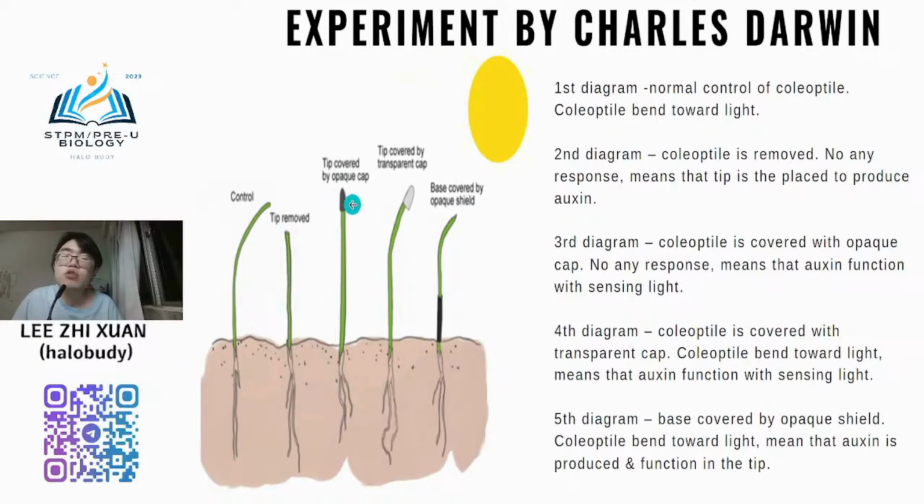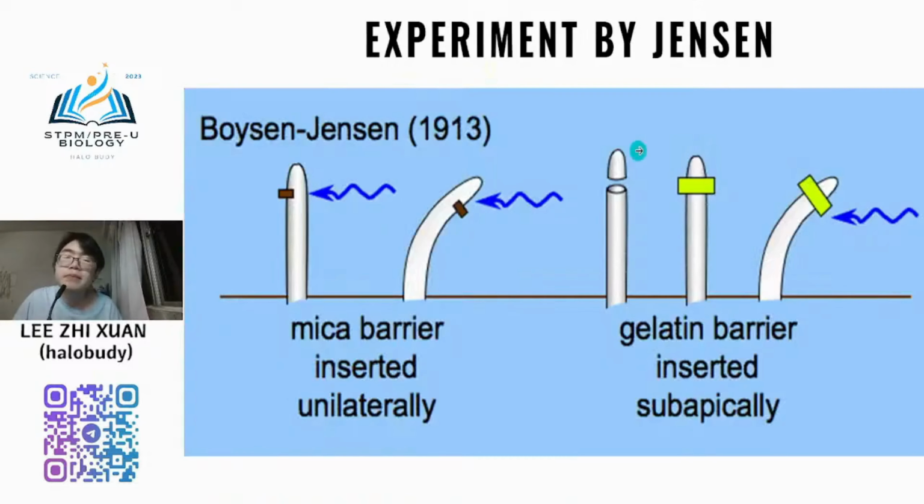And the second conclusion is, although you remove all the tips of the shoot, or you keep the tip of the shoot but there is no light toward the auxin, the auxin still cannot have a light response for phototropism. So this is the conclusion reached by Charles Darwin about the phototropism of light response from auxin.